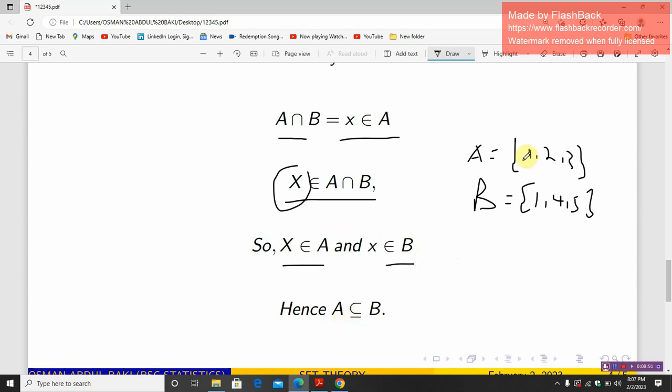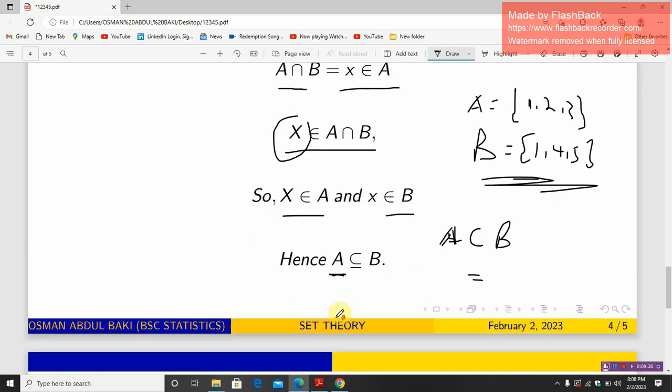Therefore A is a subset, which means this A can be found in B. It's a subset of B or equal to B. So A is a subset of B. When we say subset, the elements of A can all be found in B or equal to B, which means all the elements which A has can be equal to B. So that's the final conclusion.